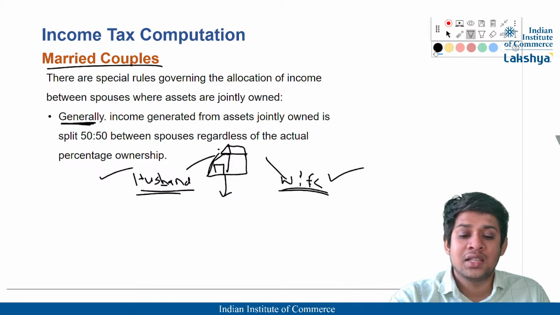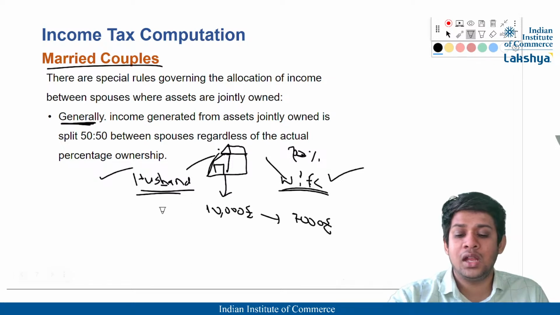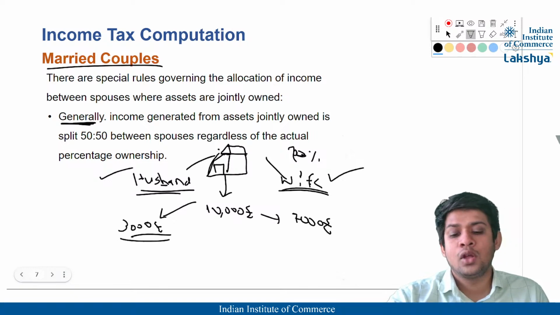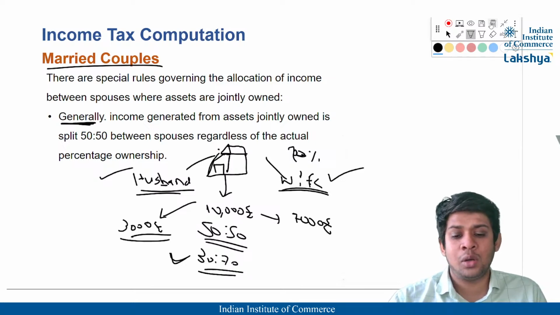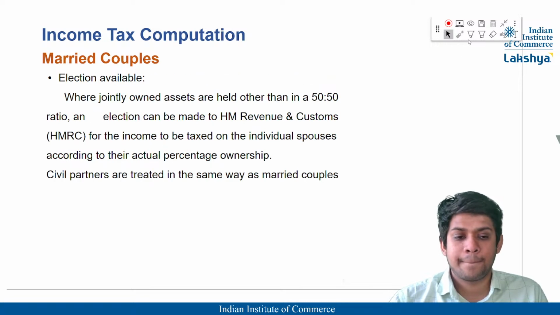But if the wife says that I own 70% of this house, so technically, if the rent is 10,000 pounds, 70% of it, that is 7,000, should belong to me, and 3,000 should be the income in my husband's hand. Okay. So then an election has to be made to HMRC that this is the scenario. It is not a 50-50% allocation. It is a 30-70% allocation. So accordingly, you can make an election to make the changes. You have to make an election to HMRC. Okay.